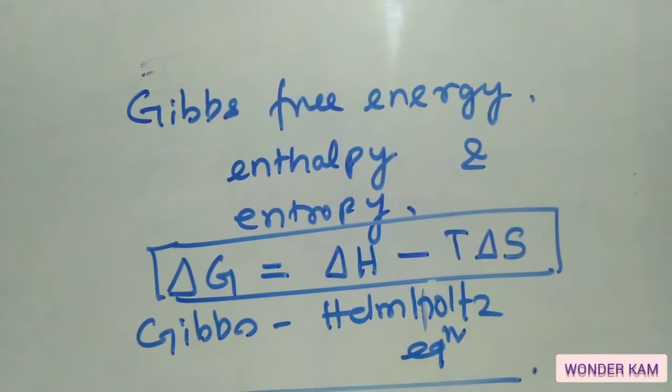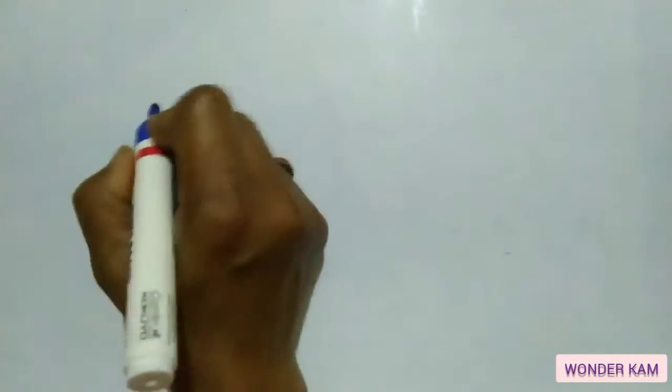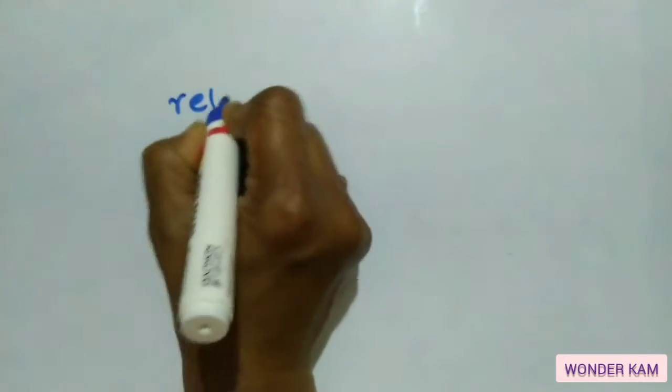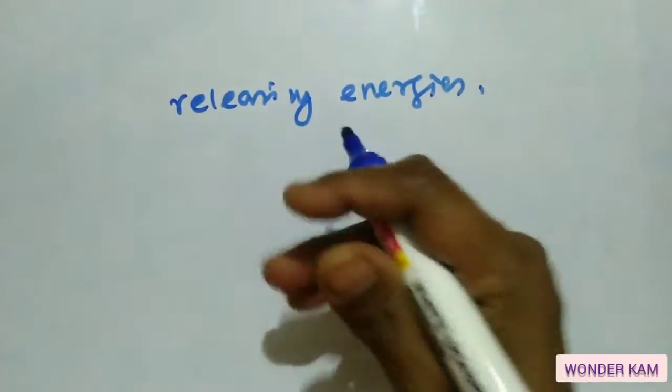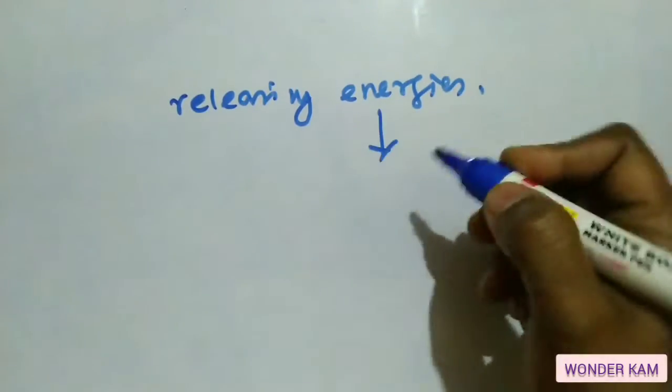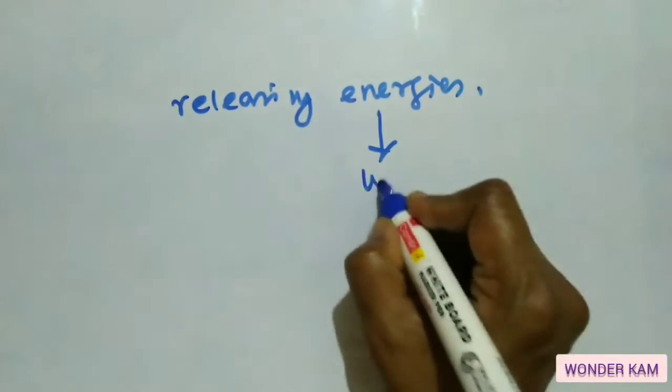Gibbs-Helmholtz relationship or the equation. We have seen many chemical reactions or even physical processes involve releasing different types of energies, which can be used to do some useful work.